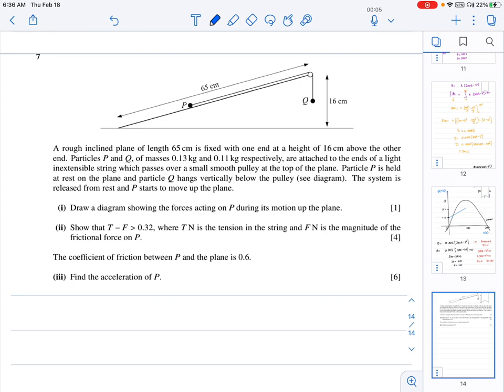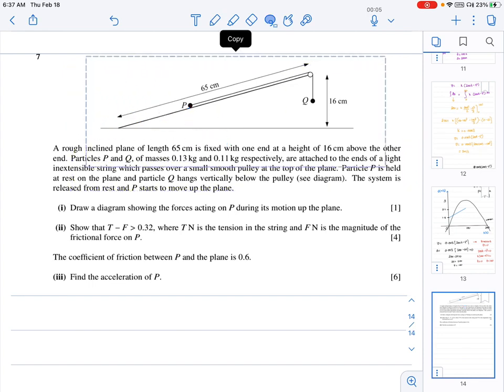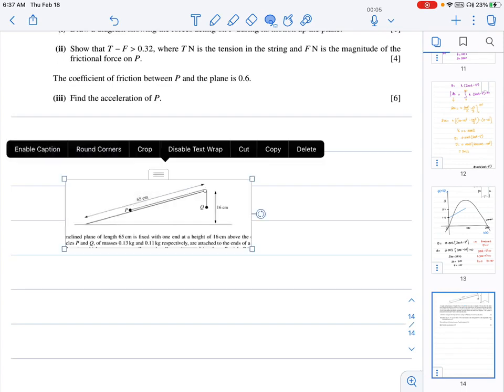So forces acting on P. P's mass is 0.13. So first, 0.13 G, there will be a parallel force. If this angle is theta, it will be 0.13 G sine theta. So I will draw a bigger diagram. I will magnify the diagram over here.